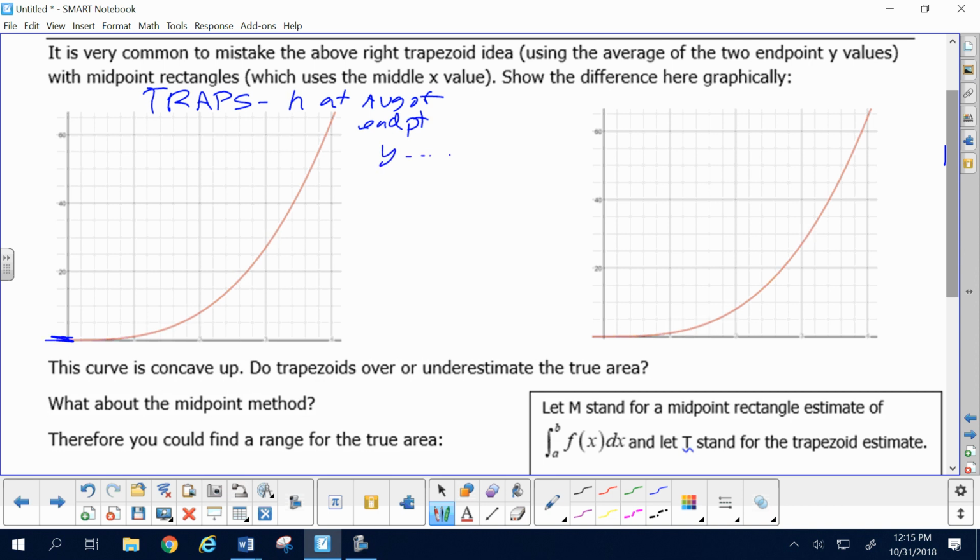So my y's went from a y of 0 at the left side to a y of 64 at the right, so our average y is 32. So when I did this, again, remember that the area under this is the same as one trapezoid.